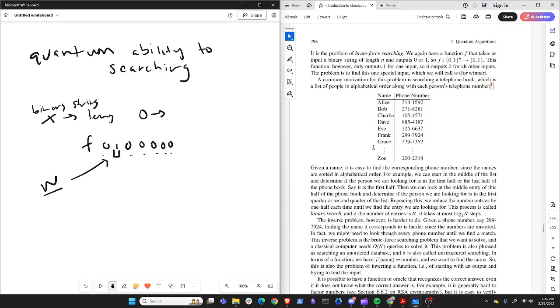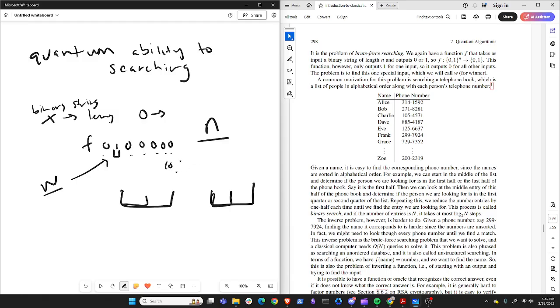So we've all seen binary search, where we split it into halves and then recursively split it into half again, and that is much faster than the worst case where we have to go through all n of the elements.